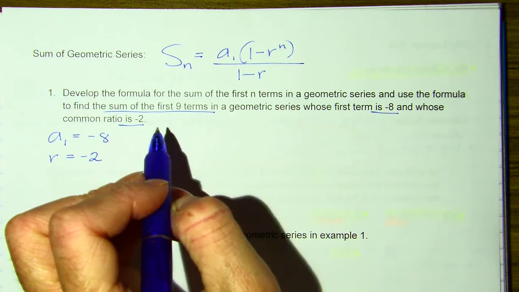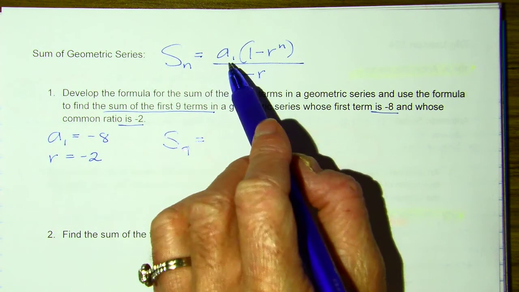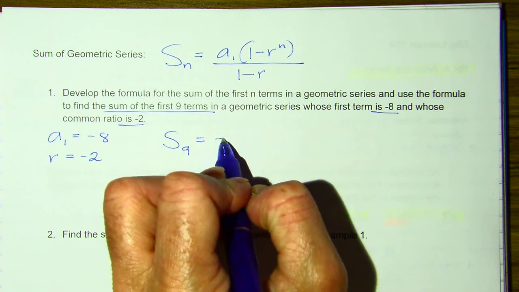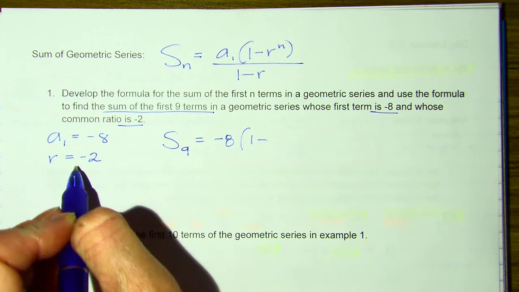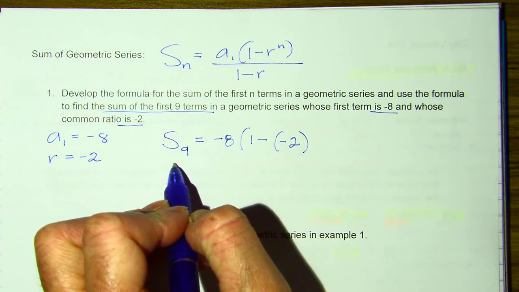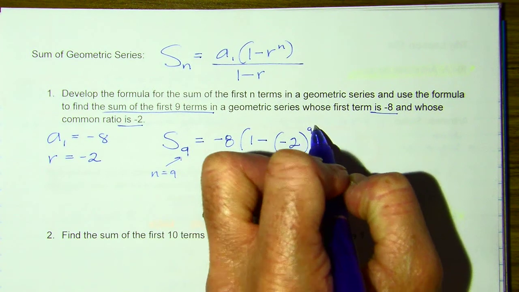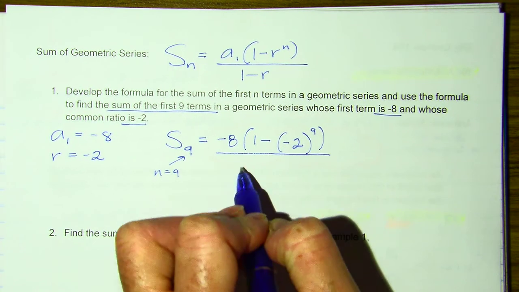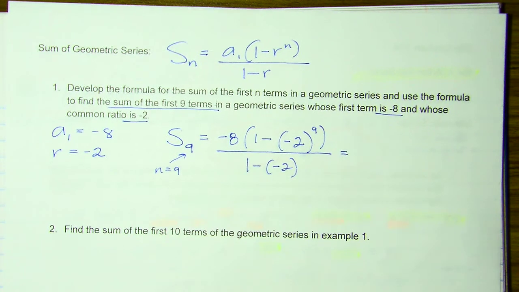So the sum of the first 9 terms is our first term, which is -8, times 1 minus our common ratio to the n, and in this case, n equals 9, so to the 9th, all over 1 minus our common ratio. So I'm going to simplify the top.